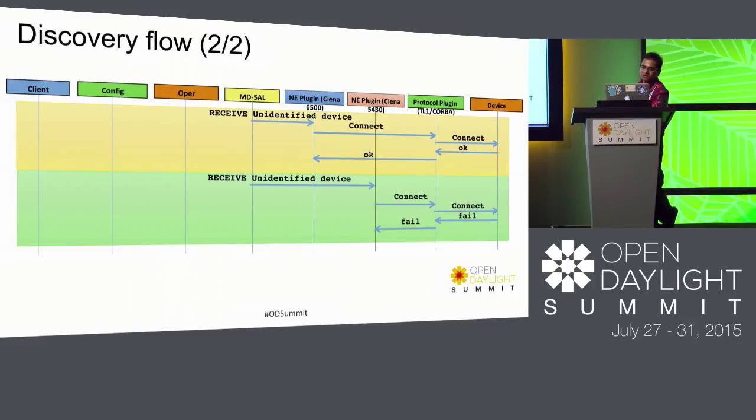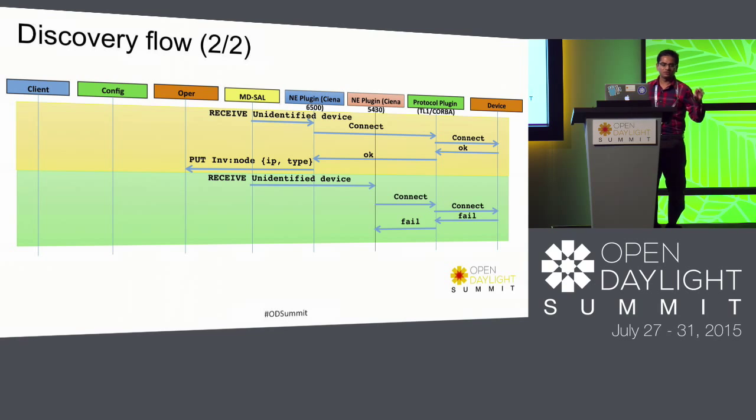The 6500 one gets OK and gets back to the plugin. And then you put the type. You identify that it's this device type, and that you discovered it through this device plugin. And it gets to the operational data store.